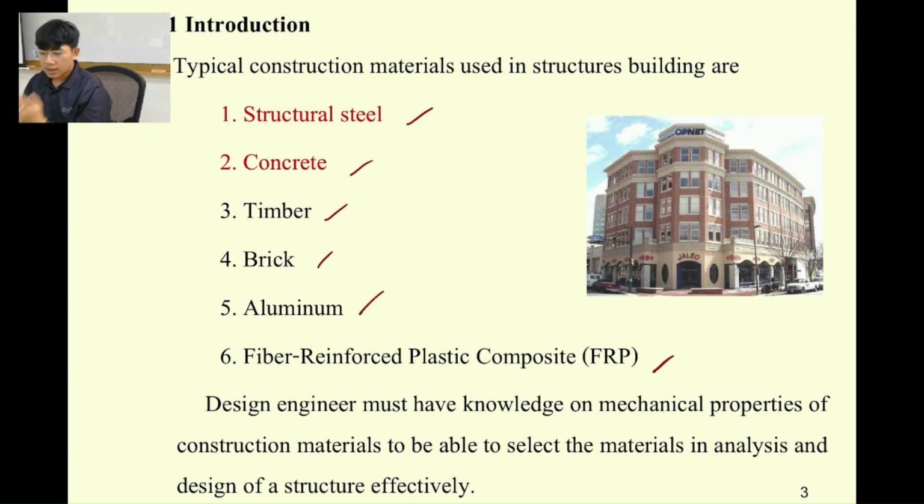Most of the time in our Asian countries, we have structural steel and concrete, and both materials are the most used in our daily life. Timber is the one that was used like 30 or 40 years ago, because the technology of concrete and steel construction was maybe not widespread.